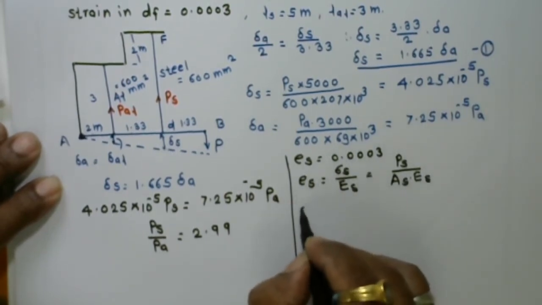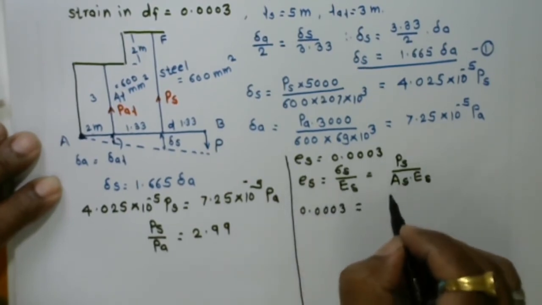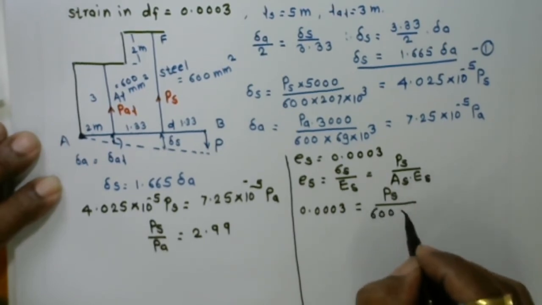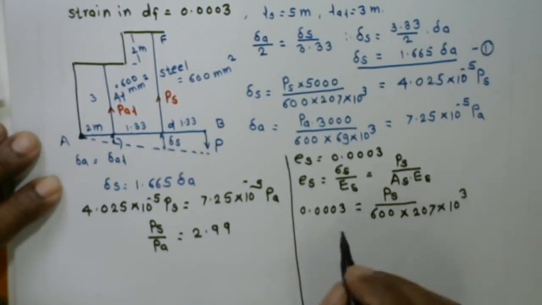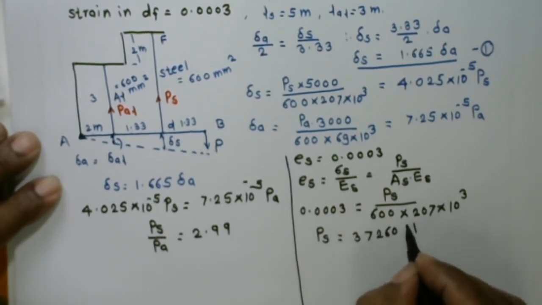So strain is known 0.003. PS is unknown. Area of steel is known 600. Modulus of elasticity also known. So you may calculate here PS, that is 37260 Newton.